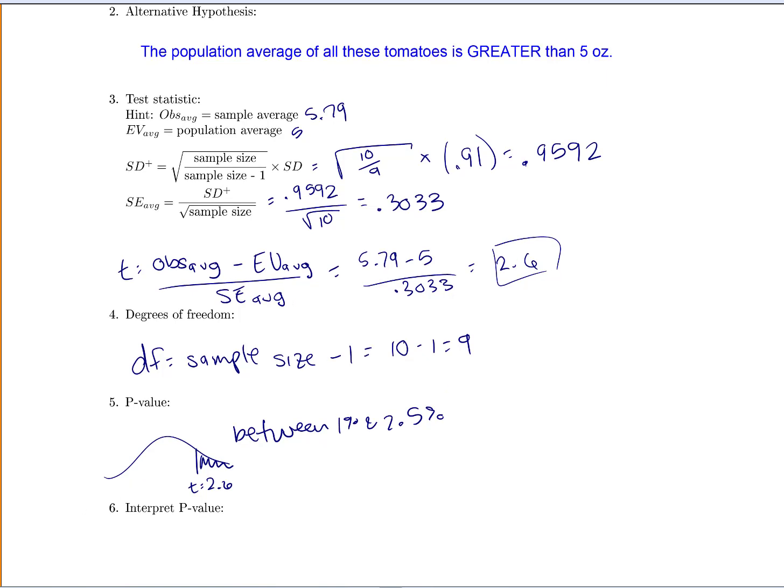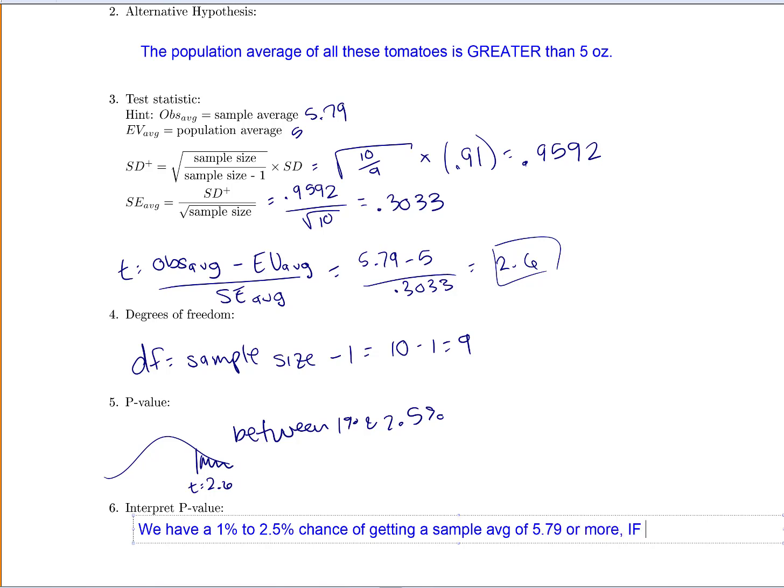If I was to interpret that, it would mean that we have a 1% to 2.5% chance of getting a sample average of 5.79 or more if the population average is really 5.